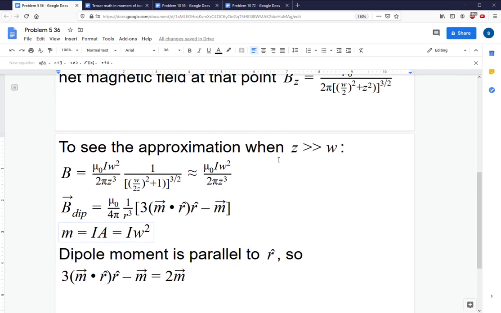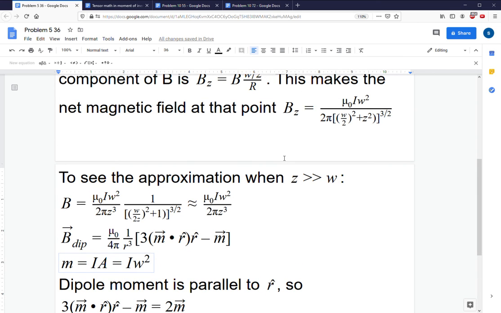Now, for us, because we are looking solely at a point on the z-axis, which is the direction normal to the square, our dipole moment direction is the same as the r direction, which means m dot r hat is the magnitude of m, and the magnitude of m times r hat is just the m vector.